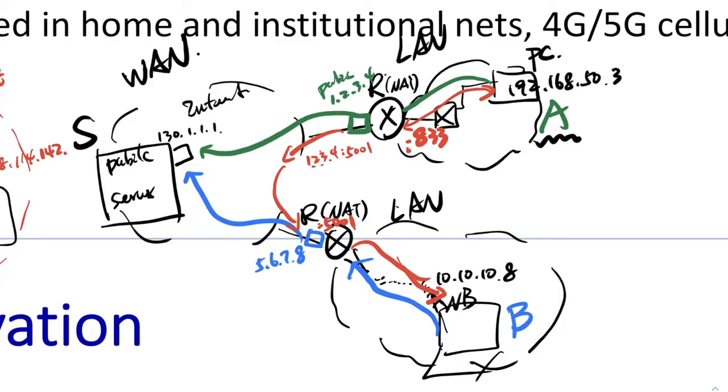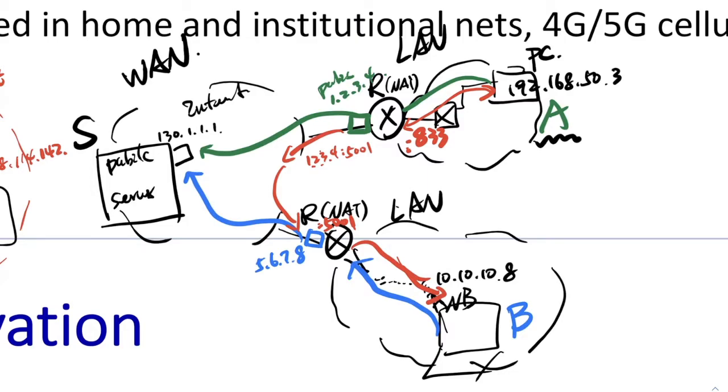At the bottom there's another host B, and it is also in a private LAN. Its IP address is 10.10.10.8, and its corresponding router has a public IP address which is 5.6.7.8. So we have two hosts, A and B.